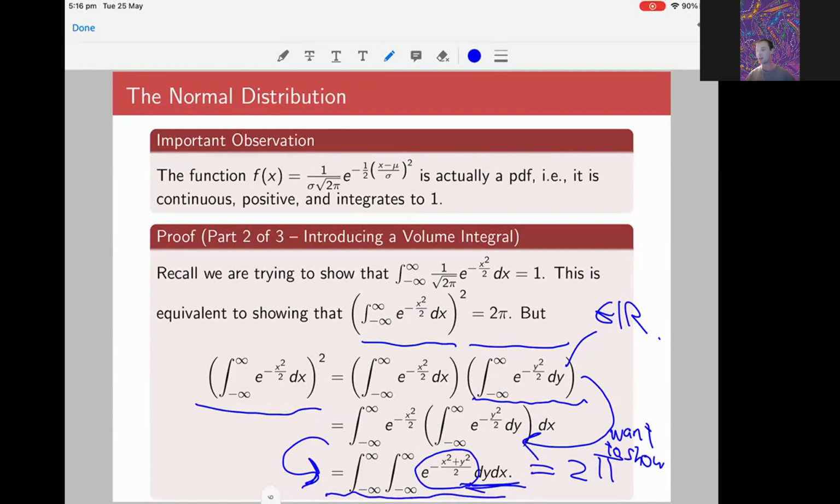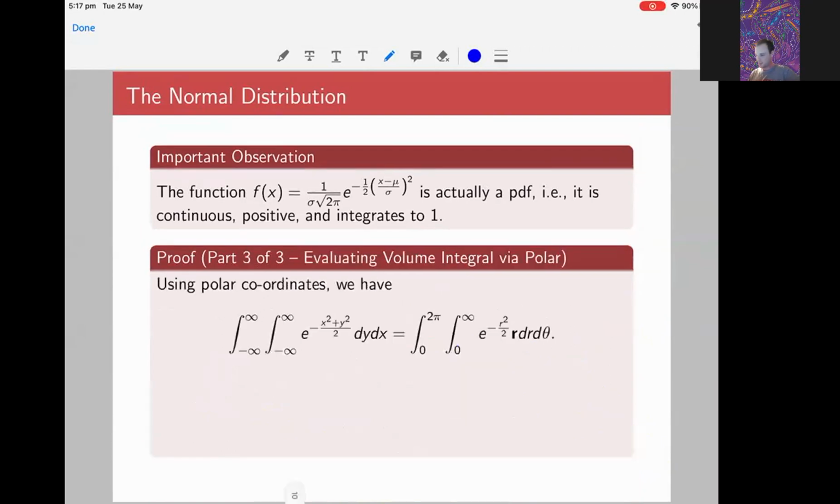So why would introducing volume integrals be so helpful here? Well, the answer is that in 2 dimensions we have access to polar coordinates, and that actually makes this integral a bit easier. So how does this work out?